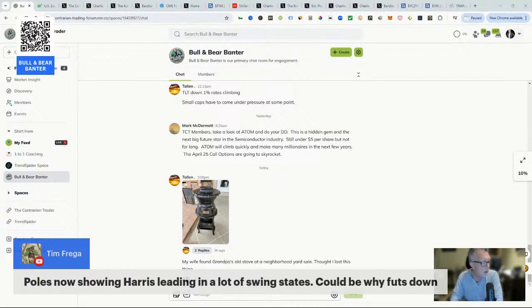Polls now showing Harris leading in a lot of swing states. Could be why futures down. It could be, but are you referencing the betting polls? I've always said that I don't trust them. So I'm not going to go by the betting polls.